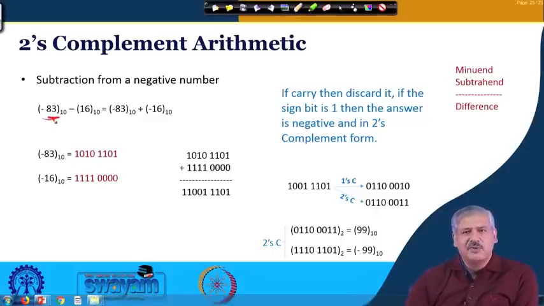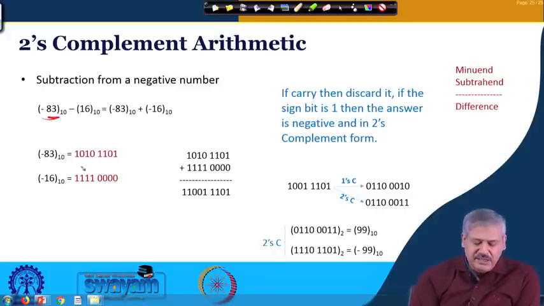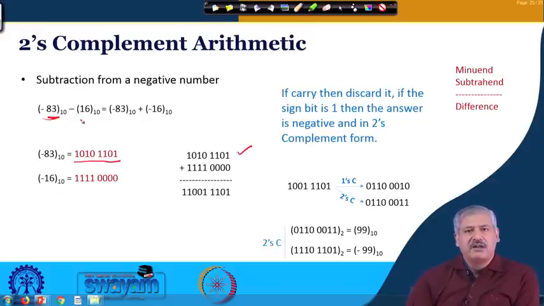Okay. Same example we are continuing with different combinations. So, minus 83 we have already found to be 10101101 in the previous example. So, this is minus 83 and 16 is subtracted. Okay. So, basically it is minus 83 plus minus 16. So, minus 16 we have already calculated before. So, this is your minus 16, you add them up.